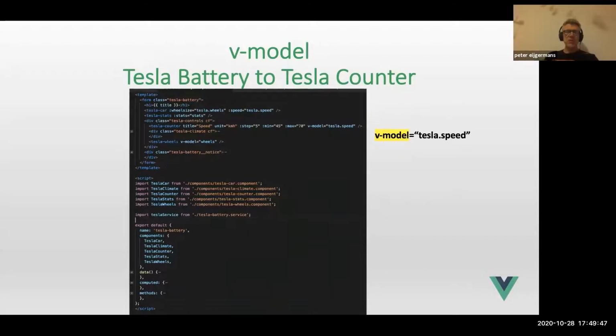First, I show you the Tesla battery component, where I call the Tesla counter component, where I show you the speed, which you can control in this Tesla counter component. And here you define the v-model directive, and I pass in my speed.